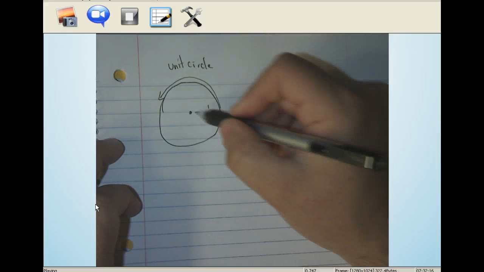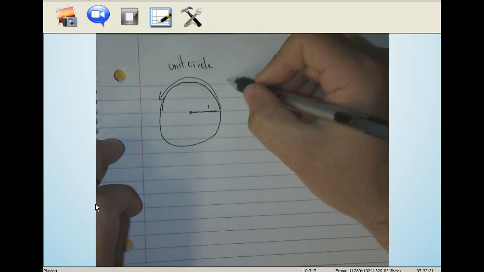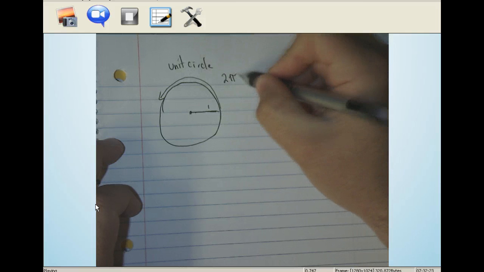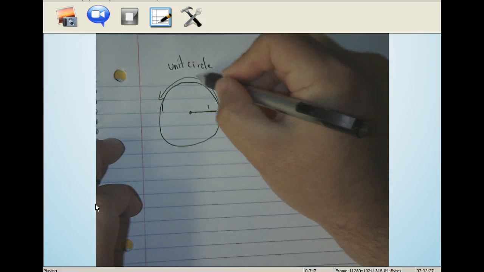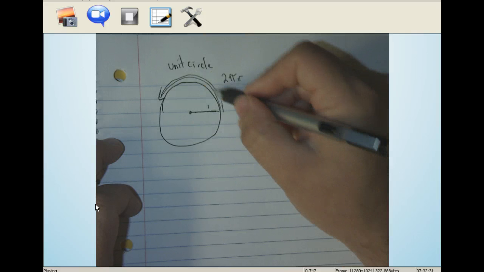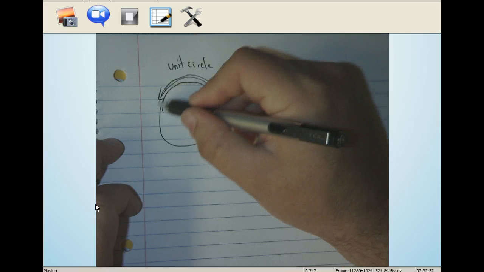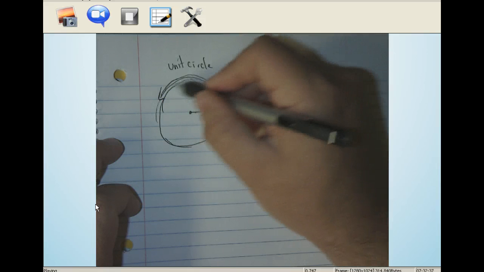Okay, so when we measure our 2 pi r, if the radius is 1, then we measure the rotation around the circle in 2 pi. It goes all the way around.